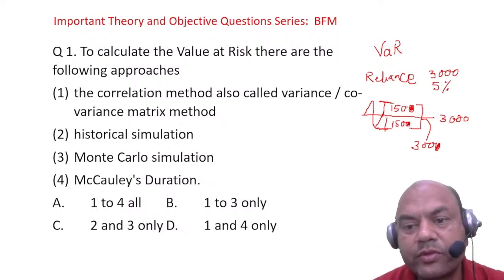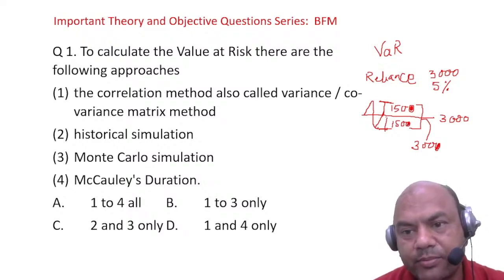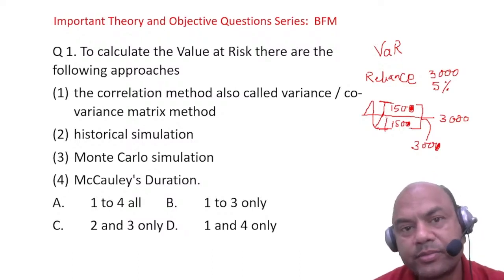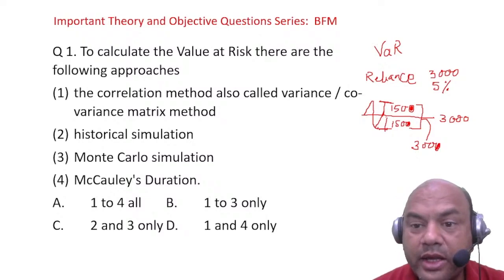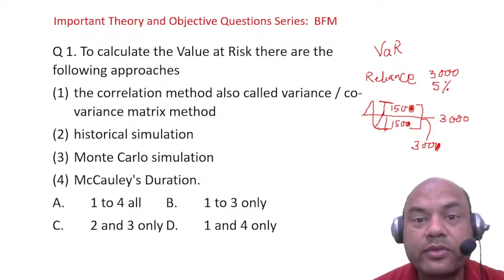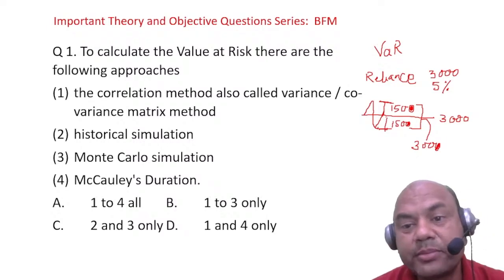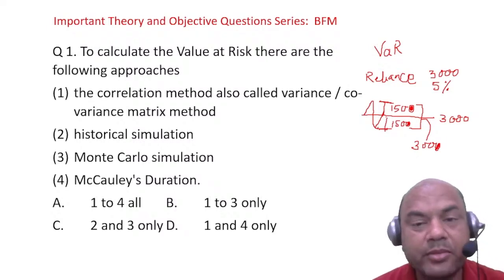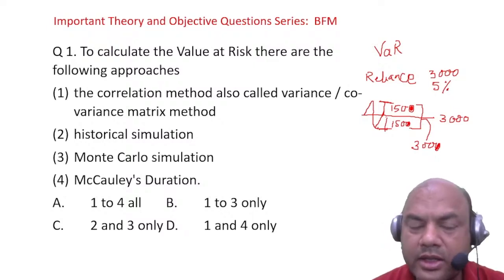So 150 over here, 150 over here. So it will become 300. So my VAR becomes 300. So got it? What is VAR? The fluctuation which is happening in that stock is known as VAR. Now this example I gave you for Reliance, a stock. It can be a commodity, a dollar, gold, anything.